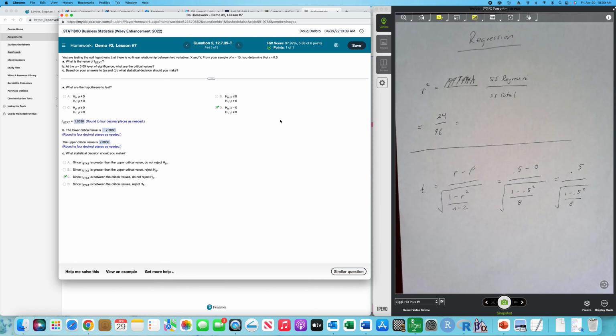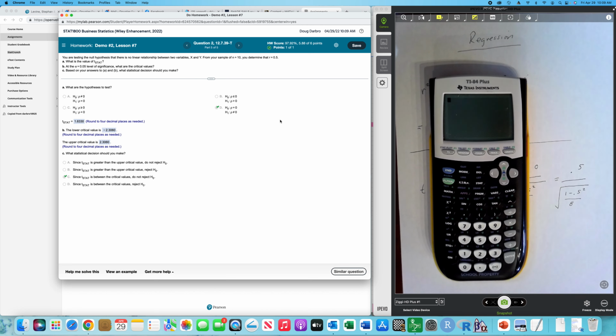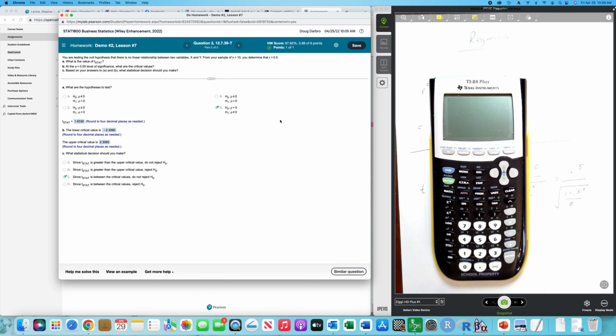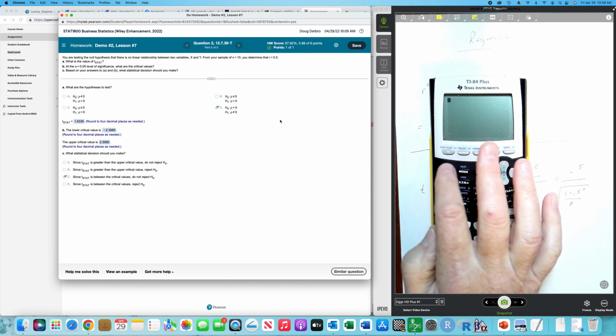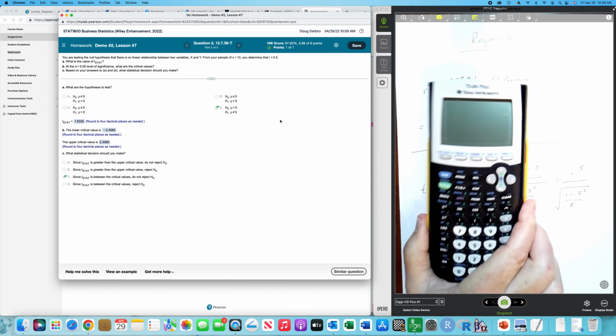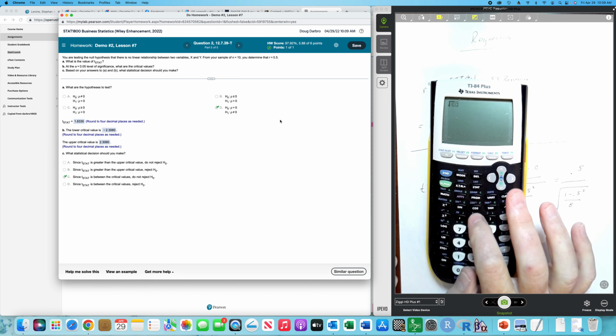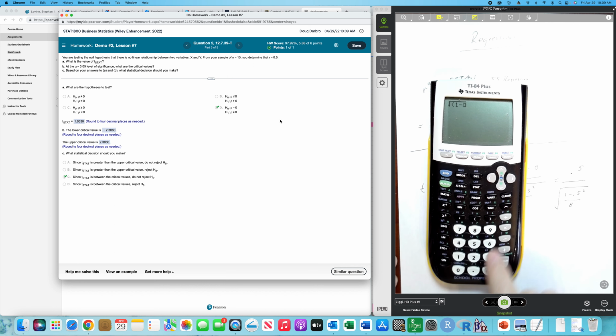Now, I'm going to show you the way that I would do this. You do whatever turns you on here. I'm just going to tell you the way I would do it. I would go the square root of 1 minus 0.5 squared. Close that up. Divide by the 8. So again, I need everything under the square root.